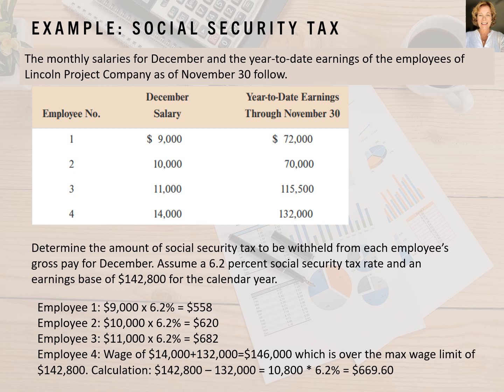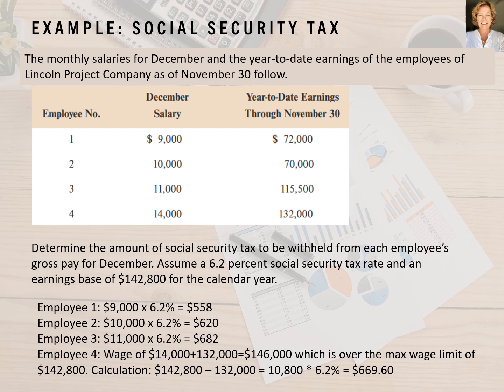That is why we have to only multiply the December wages by 6.2% to calculate the Social Security tax. For instance, employee 1 has $9,000 in December wages, and his total wages are below $142,800. So we multiply $9,000 by 6.2% to arrive at $558. We then do the same for employees 2 and 3.